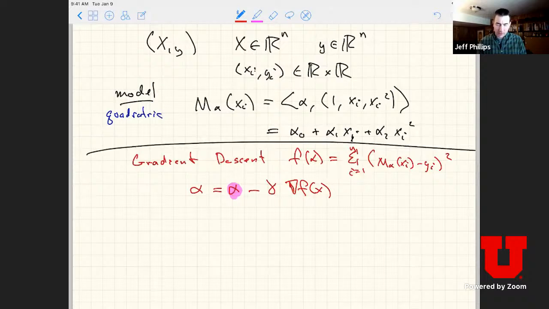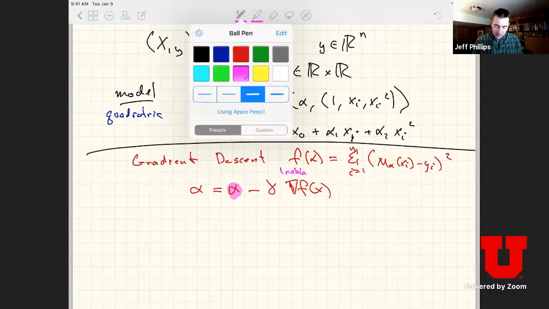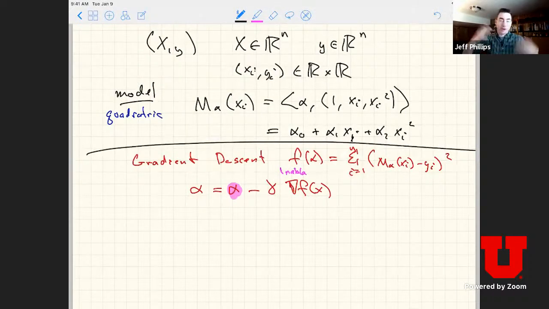And just a reminder, this upside down triangle, you can write this in LaTeX as a Greek letter, the so-called nabla, N-A-B-L-A. That might be confusing if you haven't seen it before, but okay. In order to do this gradient descent, we just need to be able to take this f function and compute its gradient.